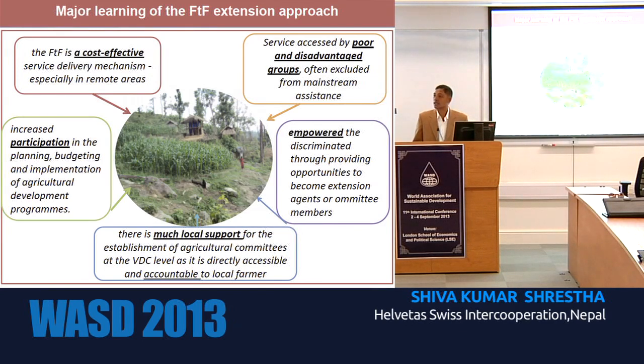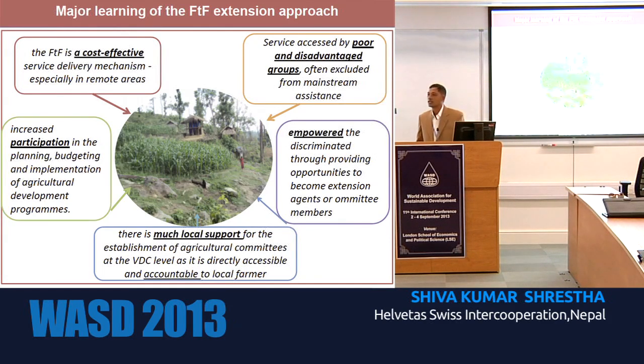We found that there is greater participation of the community. That's why we call it the public, private, and people's participation model as well, from the very beginning of the planning and execution and the benefit sharing stages.